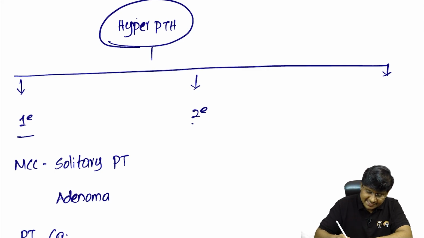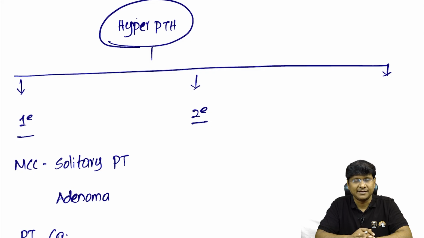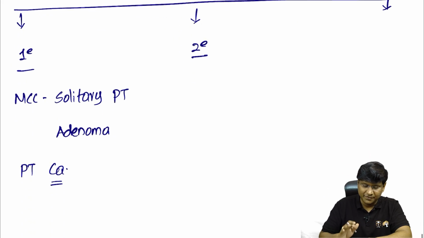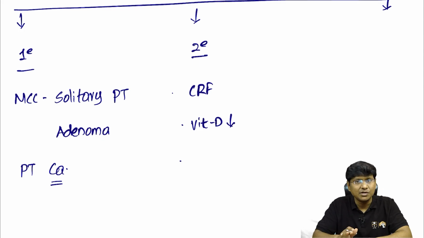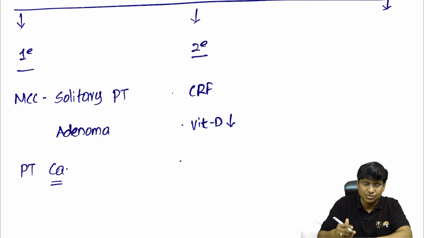Then what are the secondary causes of hyperparathyroidism? The secondary causes include chronic renal failure, vitamin D deficiency, and also some drugs. What are those drugs?